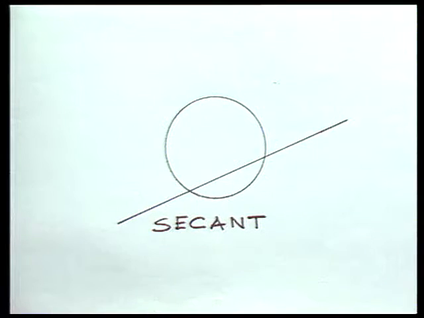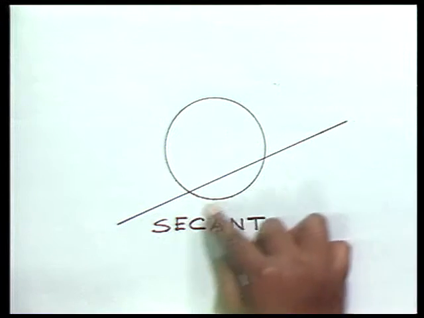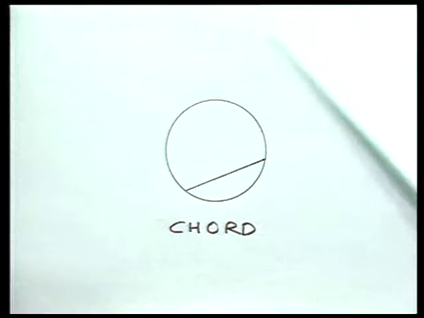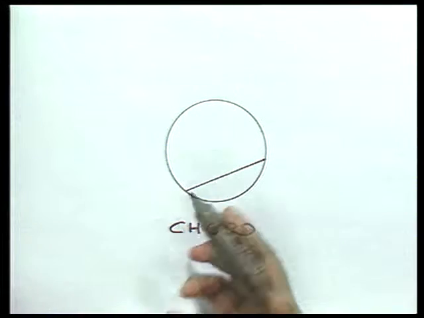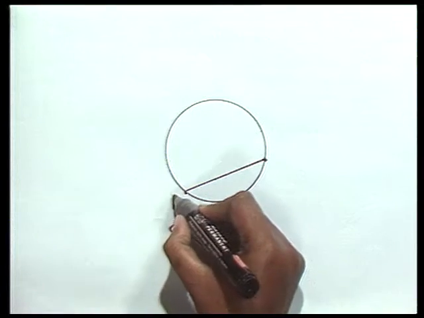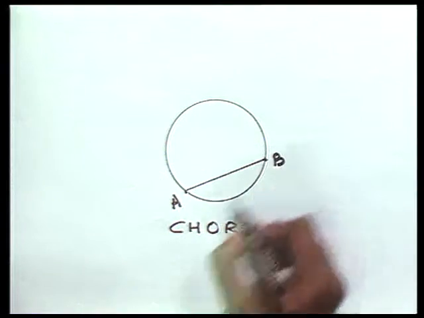Right. Now we have learned that if a line intersects a circle at two distinct points, then this line is a secant to the circle. In case the endpoints of a line segment lie on the circle, then this is called a chord of the circle.